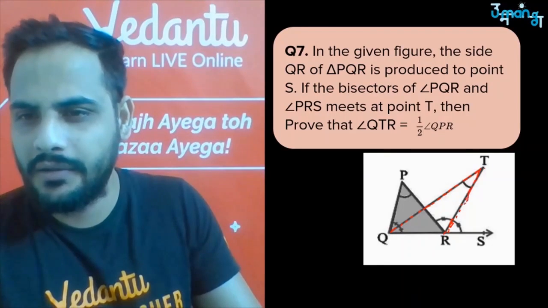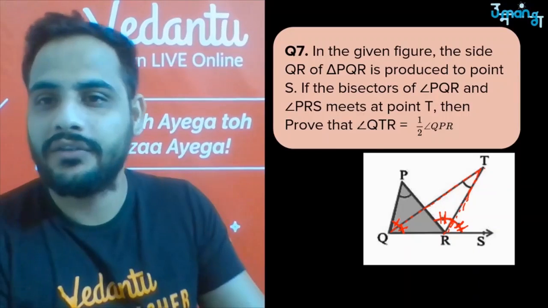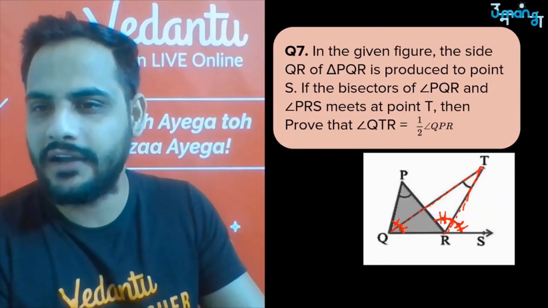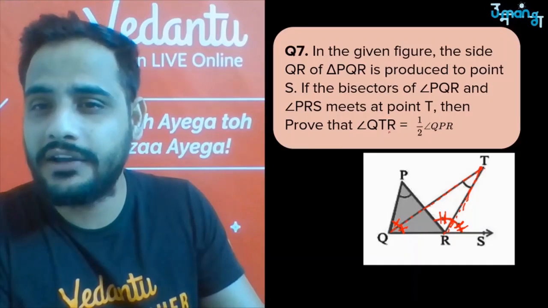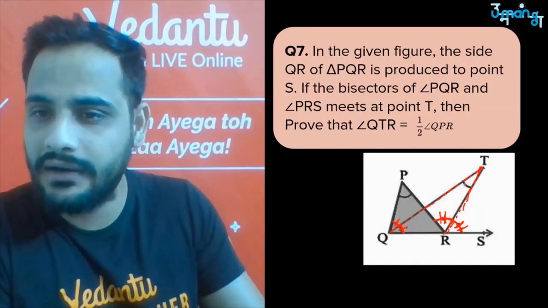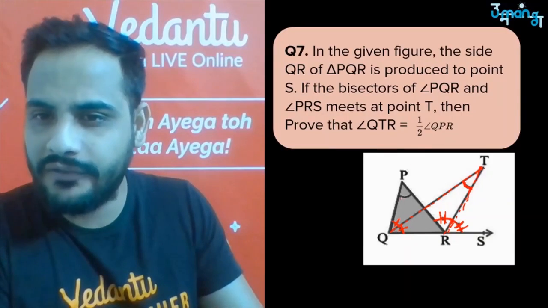Bisector means this angle will be equal to this angle and this angle will be equal to this angle, right? So they are meeting at a point T. Then prove that angle QTR, where is QTR? QTR is this angle, is equal to half of QPR.